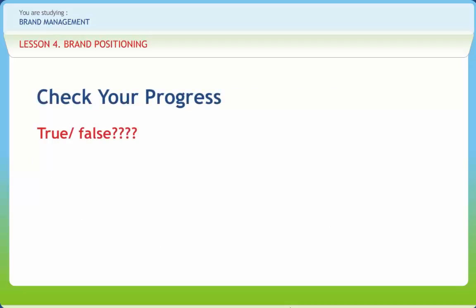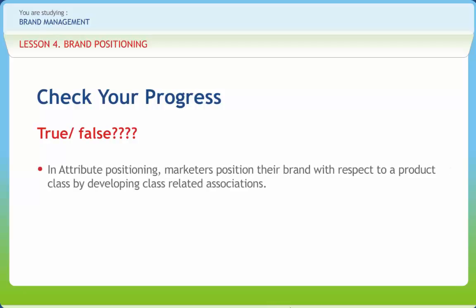Now let us check if we have understood the various concepts discussed in this lesson clearly. In attribute positioning, marketers position their brand with respect to a product class by developing class-related associations. Right or wrong? Wrong.